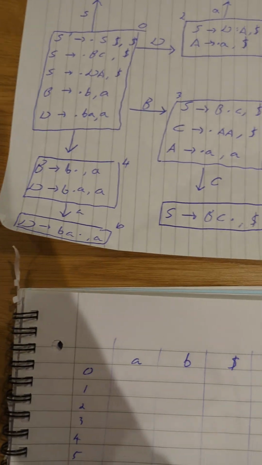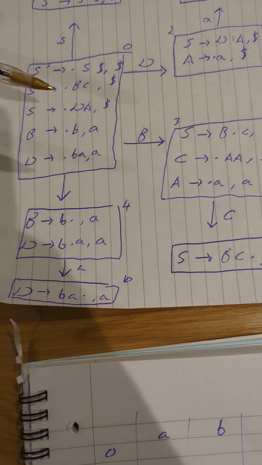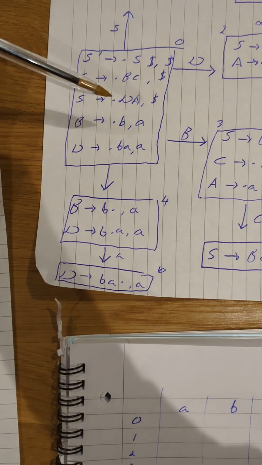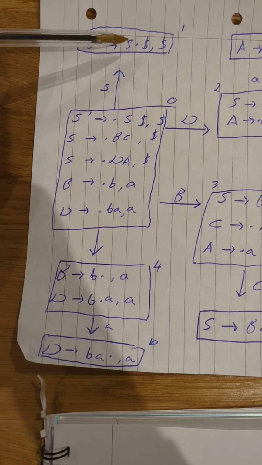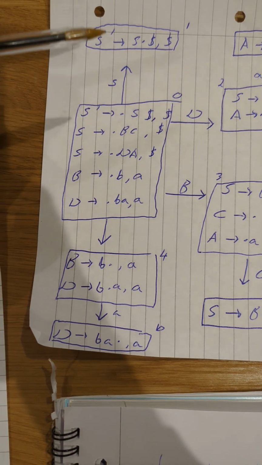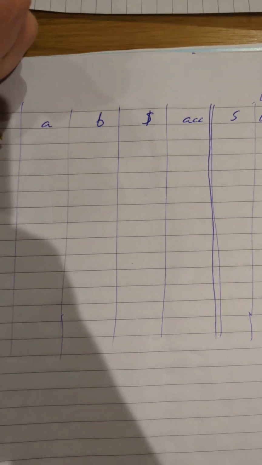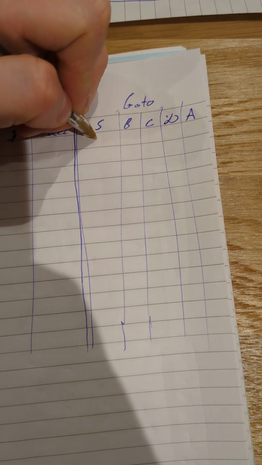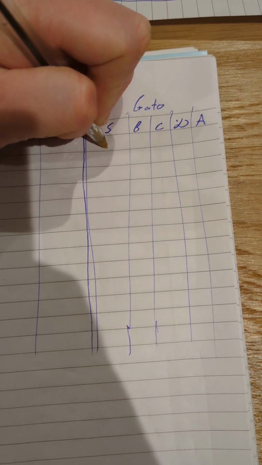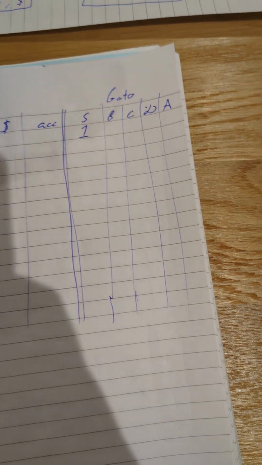For the transitions, it's the exact same as it was before. So for example, in state 0, if we get an S, then we go to state 1. And the way that we write this down is look up row 0, look up S in that table. We go to 1. Here it's just a 1 in the go-to table.